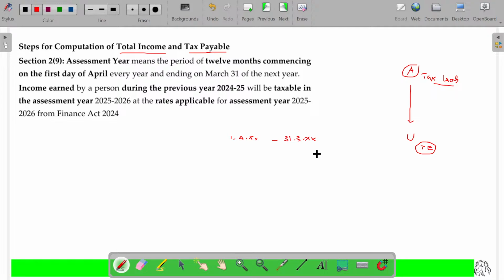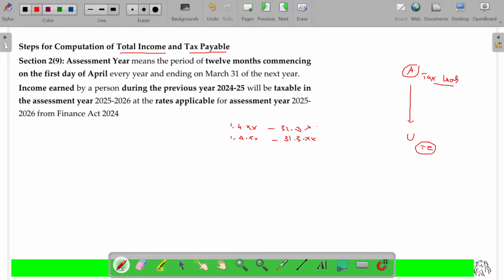In any running financial year, if anybody comes to you to ask about what could be my earnings and how much I have to pay the tax, automatically what happens? We are supposed to calculate the earnings he has made previously, prior to this year, from 1st April of the previous year to 31st March.